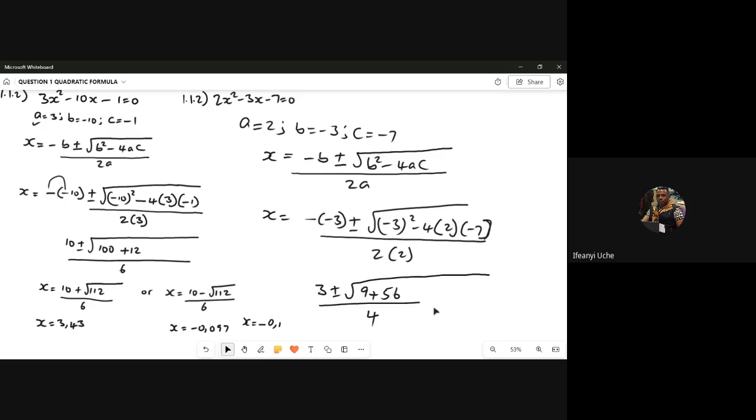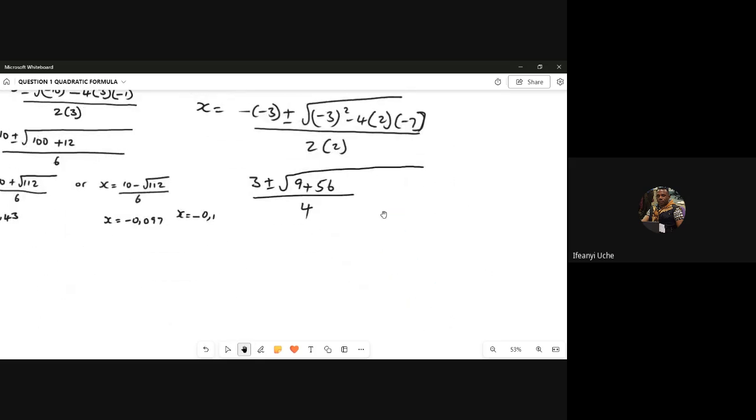So when we have 56 all over 4, then we still separate them. x equals 3 plus, then 9 plus 56. You can see I'm taking them one at a time because at times overconfidence can make you lose marks. Over 4 here, or x equals 3 minus root 65 all over 4. Then you can now punch in your calculator.